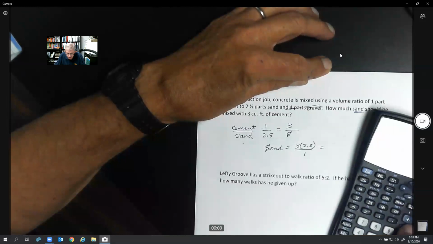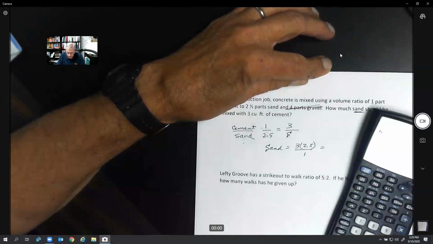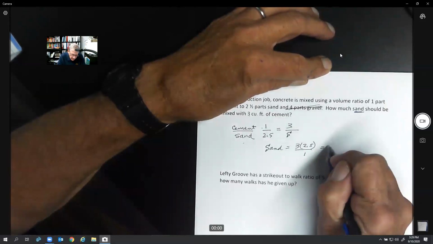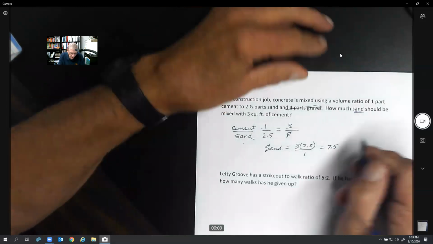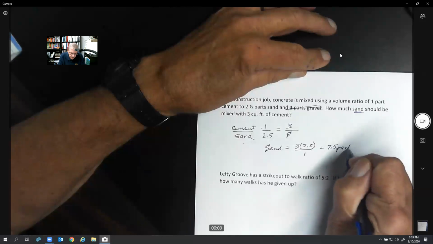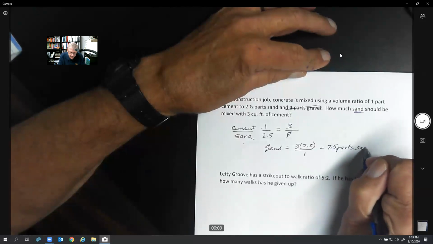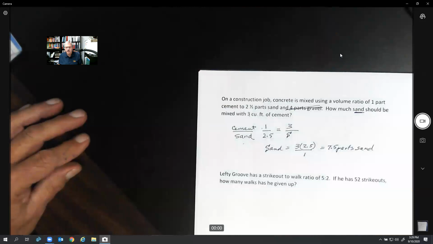So this is going to be 3 times 2.5, divide by 1, but I'm not going to write that down because I know that's not going to change anything. 7.5. So what is that going to be? Parts sand. We want to label these. And so there's my answer.